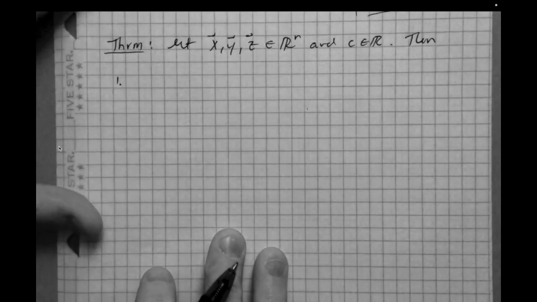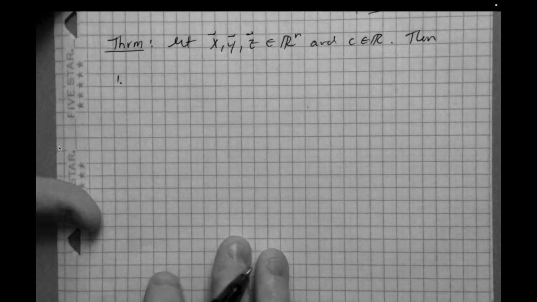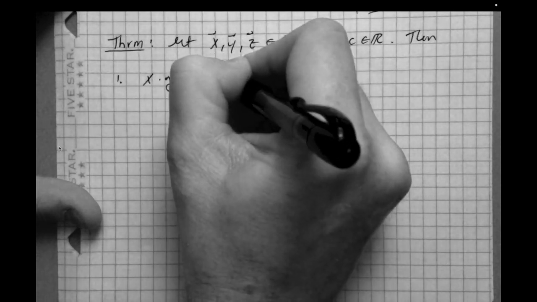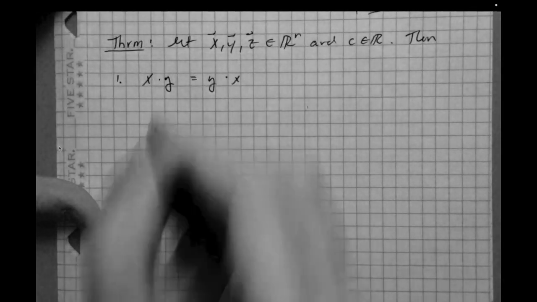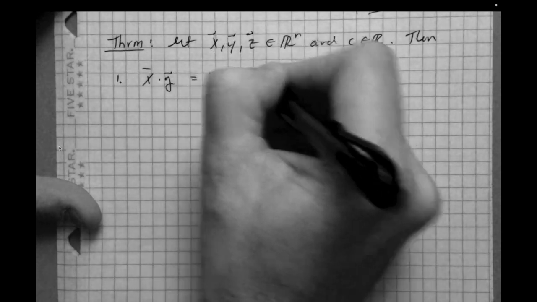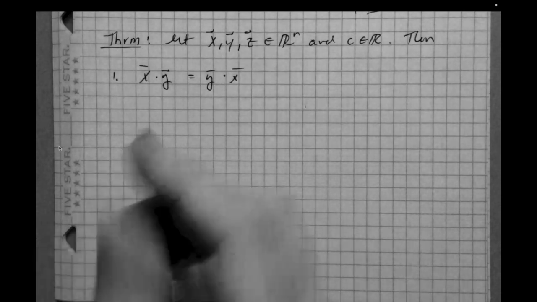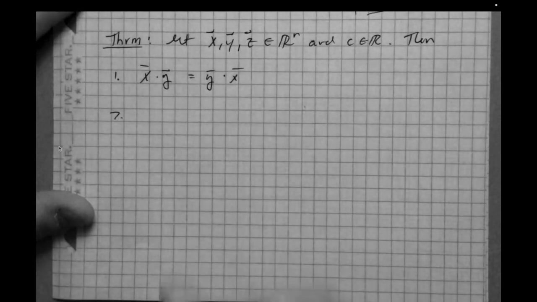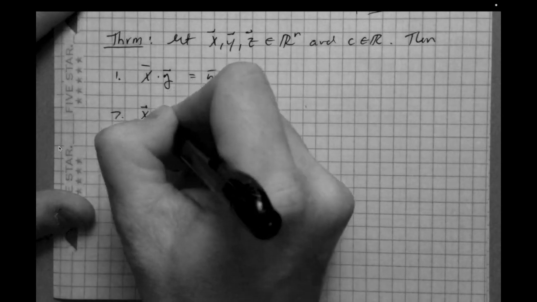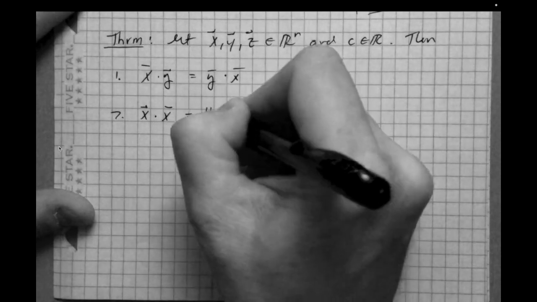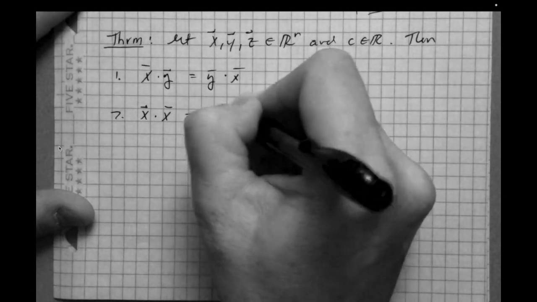Well, the dot product is commutative, so x dot y is the same as y dot x. Okay, so the dot product commutes. Okay. If you dot a vector against itself, then that is the same as squaring the norm of the vector.